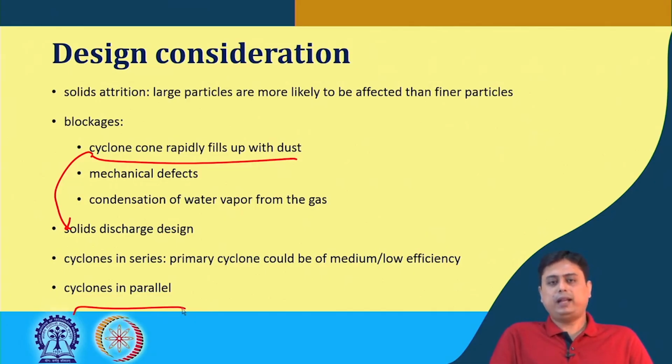So, these are some practical considerations that are typically done or should be done, and that brings this to the end of the cyclone discussion. If you remember, in the first class we mentioned that the centrifugal field can be introduced in two ways: either by introducing high velocity fluid tangentially into the cylindrical section, creating a stable vortex, or the equipment itself rotating, that means the centrifuge.